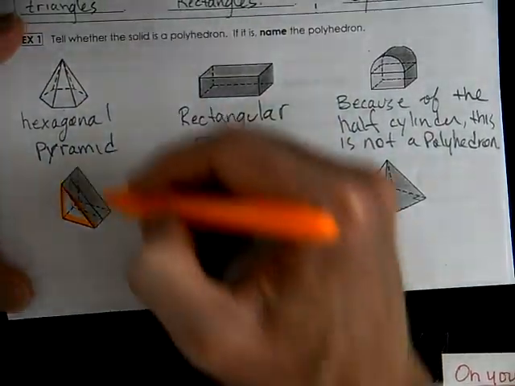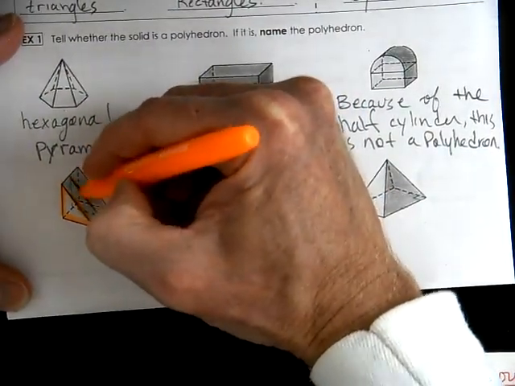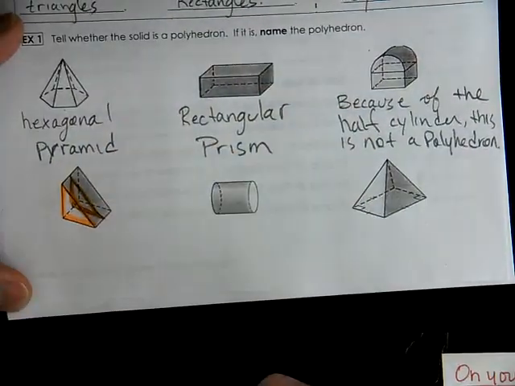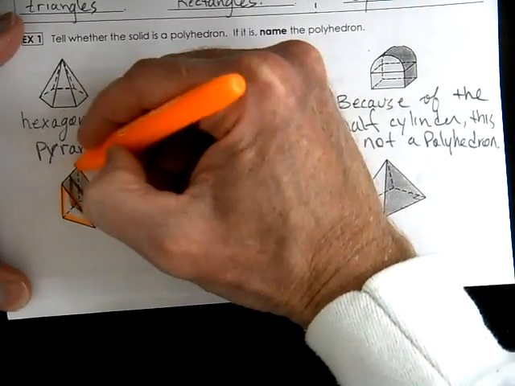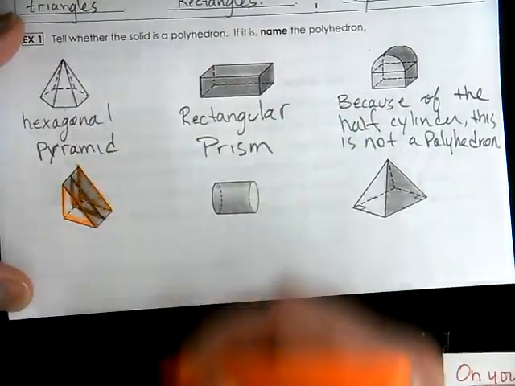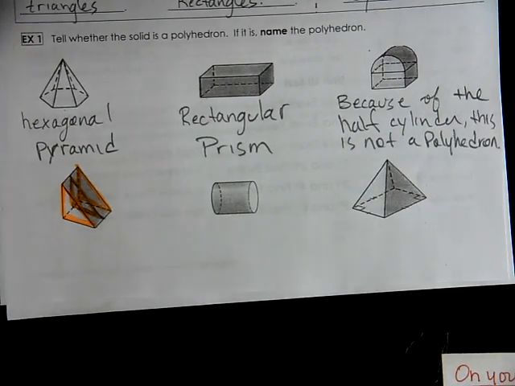There's a triangle. In the middle, we have the same triangle. At the end, in the back, we have the same triangle. So the triangle shape is being repeated all the way through the shape.